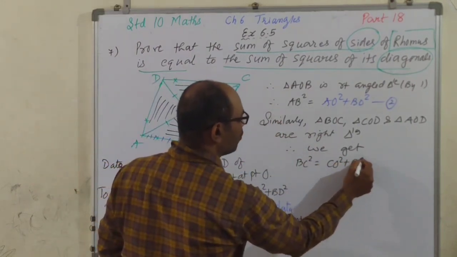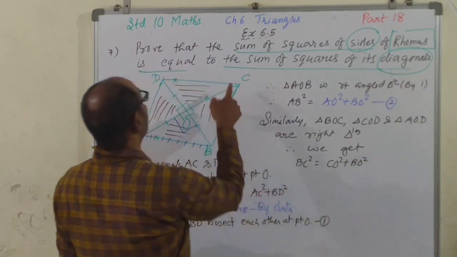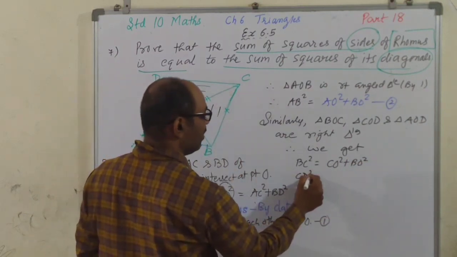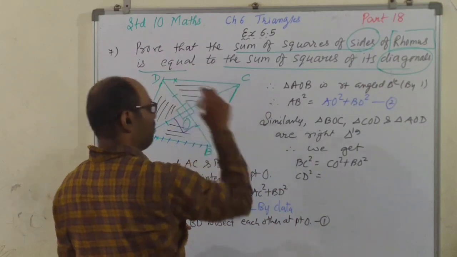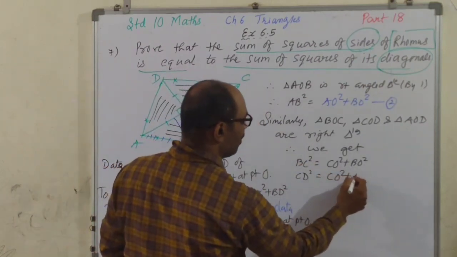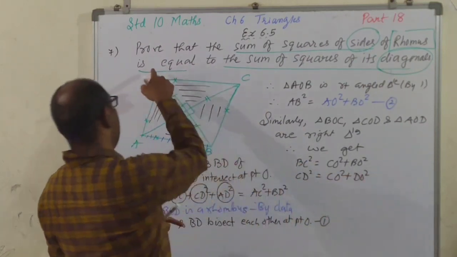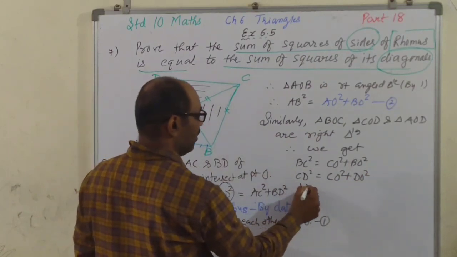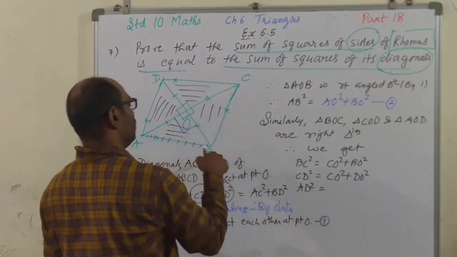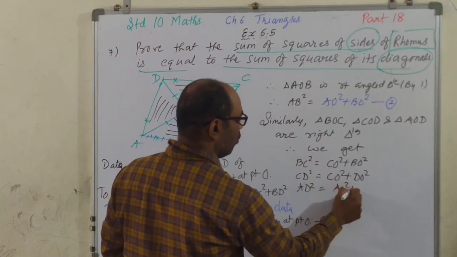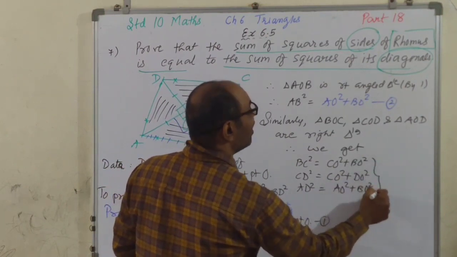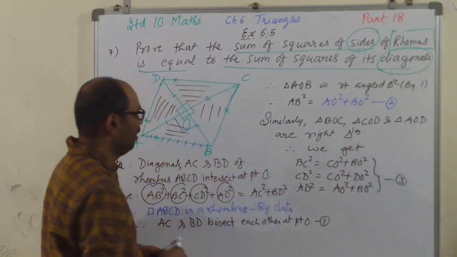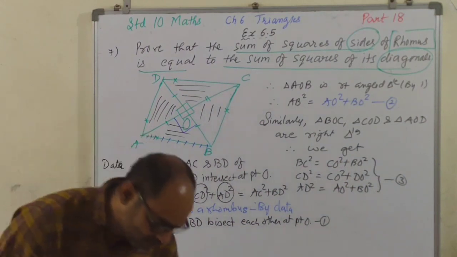CD square is equal to CO square plus DO square. And AD square is equal to AO square plus DO square. Result number 3.